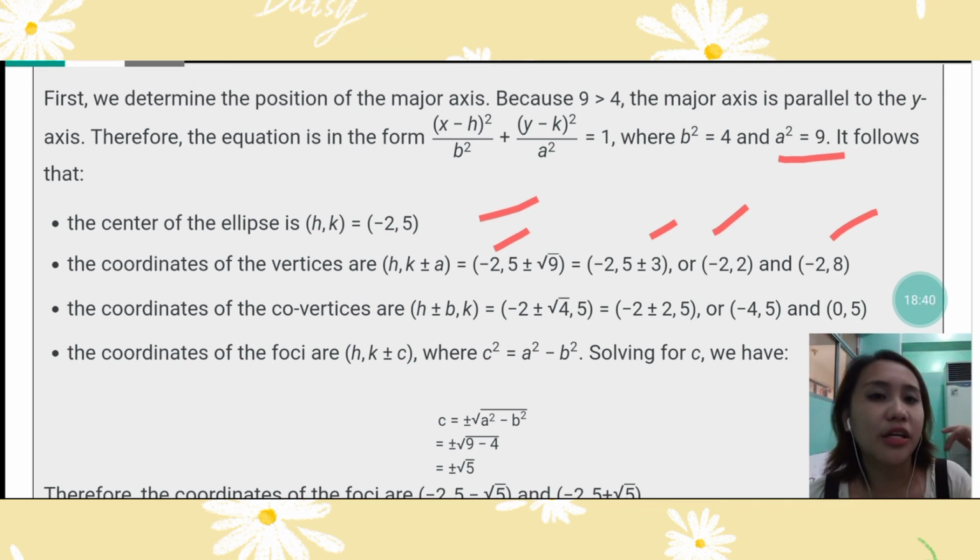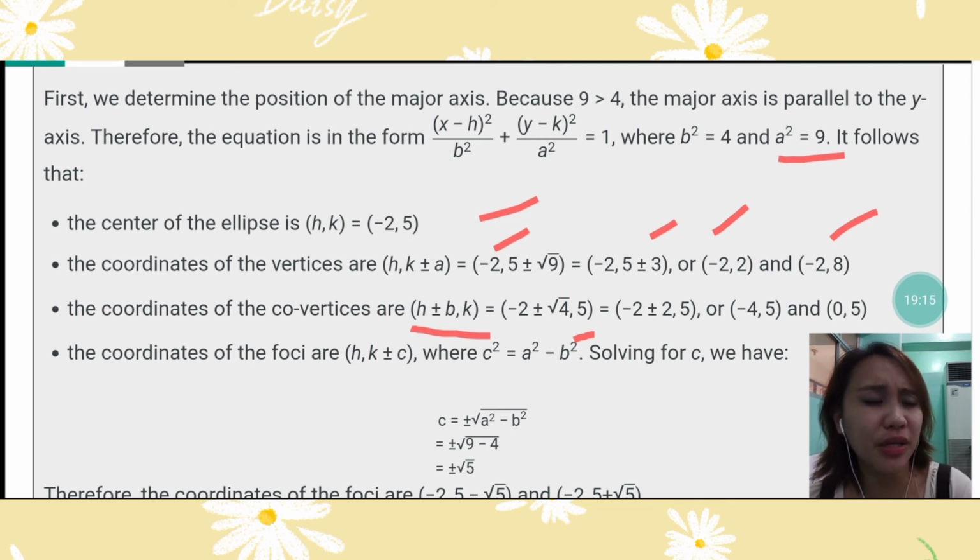Now for the co-vertices, the endpoints of the semi-minor axis, that's still h, then plus or minus the value of b, then k. Since this is for the minor axis, k is constant, so we know that k is 5, and all we have to do is solve for the sum of h and positive or negative b.